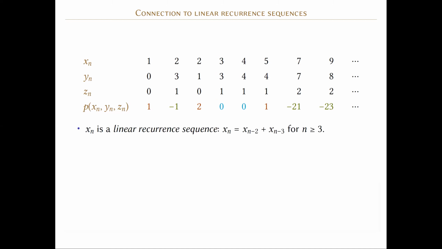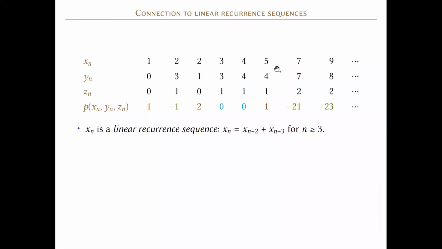So xn is the value of the variable x after n iterations, yn is the value of y after n iterations, and so on. And at the bottom, we have the value when we evaluate the polynomial p at the point xn, yn, zn.